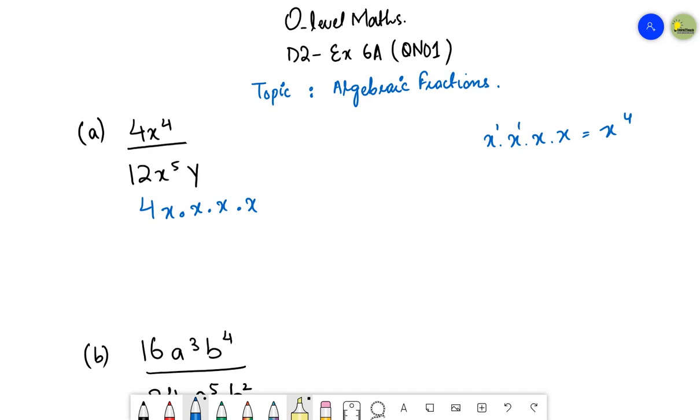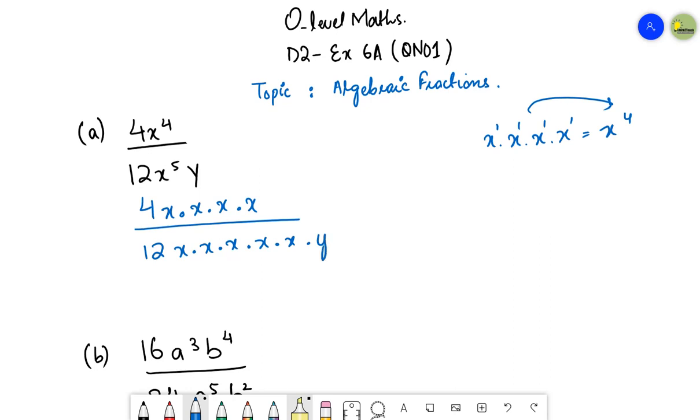Since we know that in multiplication, when the same variables are multiplying, then their exponents are added. So in expanded form, I can write 4 x's that are multiplying together divided by 12. Now, in the denominator, I have x raised to the power 5, which means 5 x's are multiplying with one another, and there is only one y present.